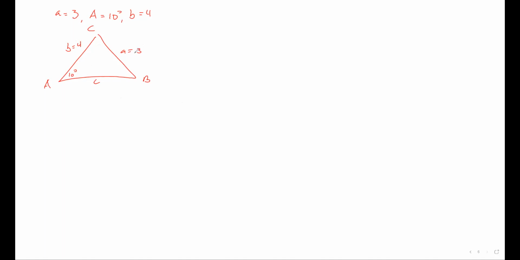Let's see. Would you like to do law of sines? Yeah. All right, so we have sine of 10 degrees over 3. So I'm using the A, and then perhaps I'll do the B because we know this side. So then that'll give us sine of B over 4.